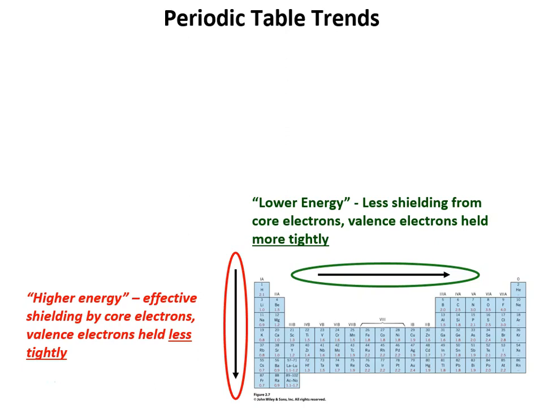And if you think about how well a spherical distribution of charge can shield something on the inside, it's very, very effective. So you're adding nest after nest after nest of these spherical charge distributions in the form of more and more s shells, each with an increasing principal quantum number as you go down the periodic table top to bottom.